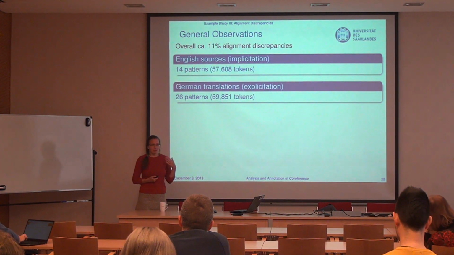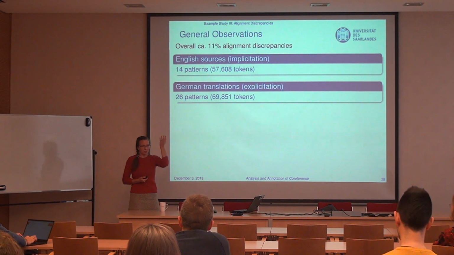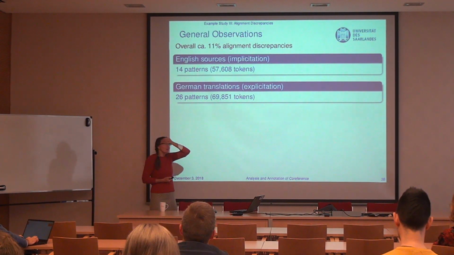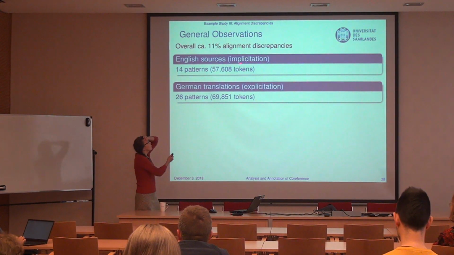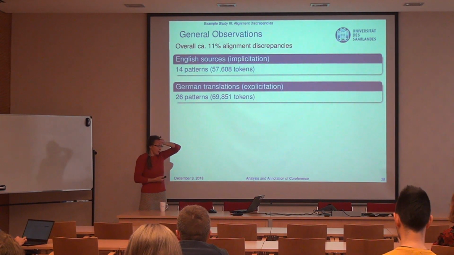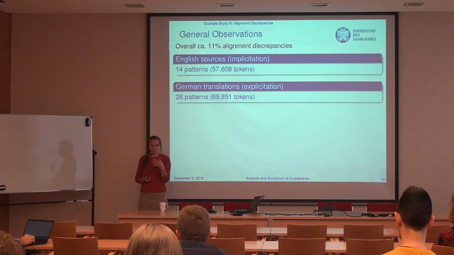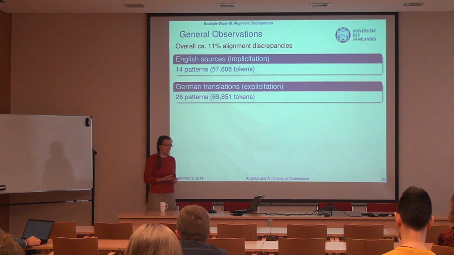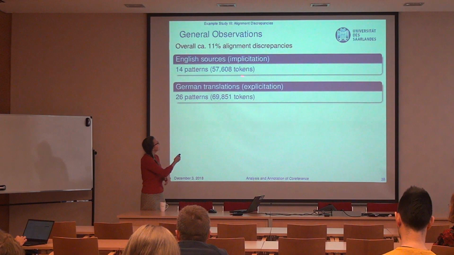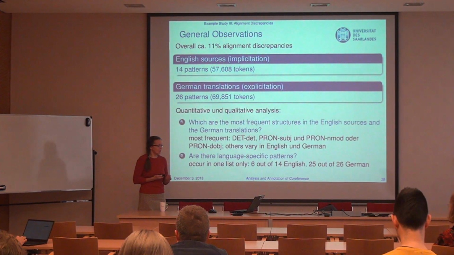We said, okay, if we try to interpret it from the point of view of translation studies, again going bottom up here from the data to the theories, then we think that these could be cases of implicitation, where we have something in the English source which was not translated into German, or translated in another way, and cases of explicitation, where we didn't have anything in the source and it was made explicit by the translator.